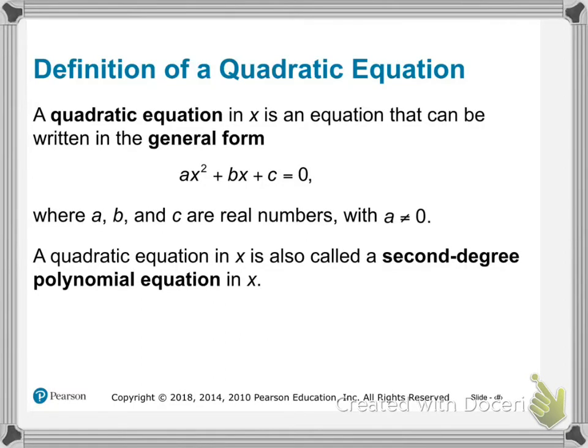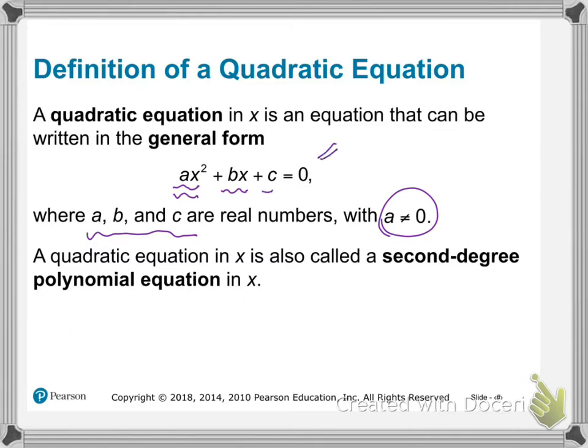Okay, so let's talk about quadratic equations today. A quadratic equation means you have three real numbers a, b, c, and the leading number a cannot be 0. Then we have three terms: a times x squared plus b times x, and the number c.